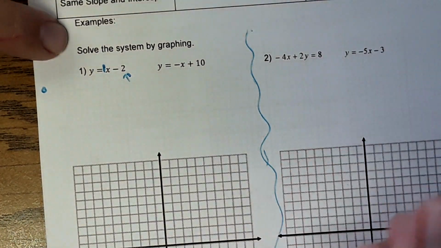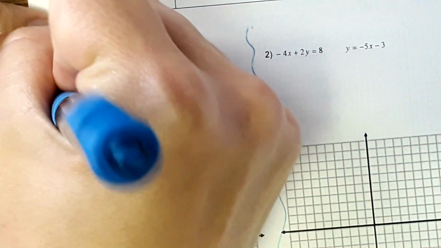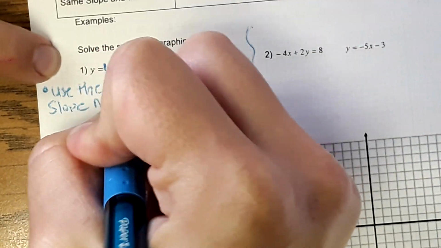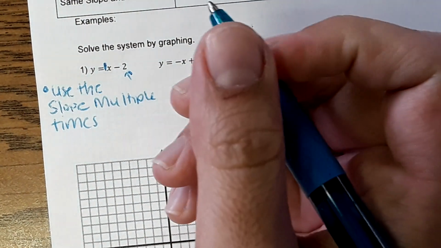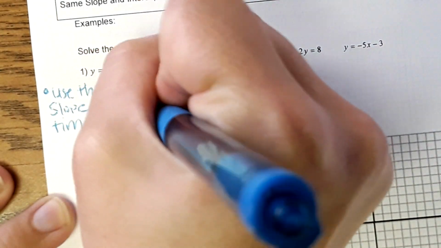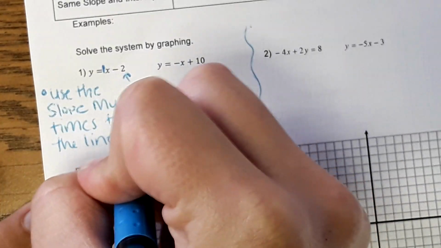So just note, use the slope multiple times to make the line straight.